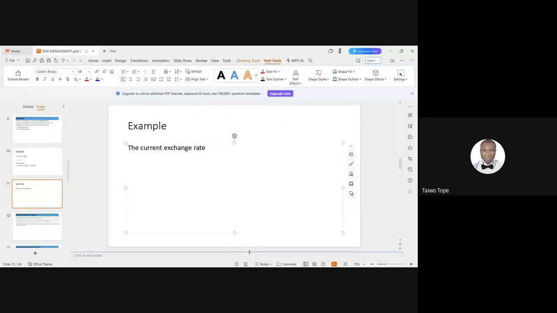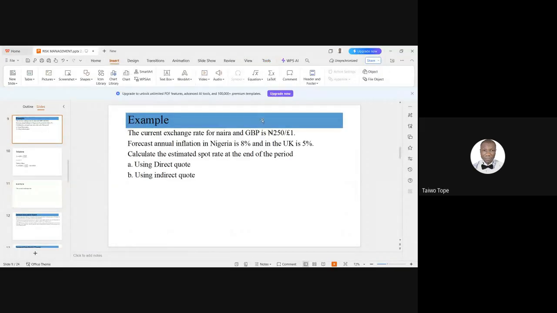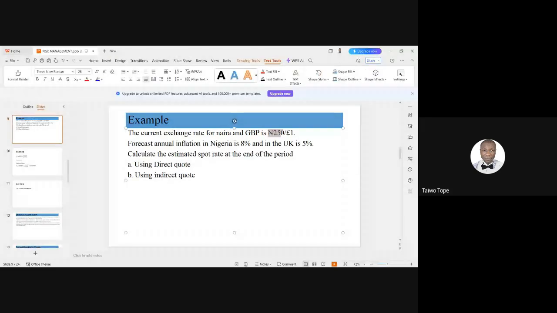Originally, 250. This is a direct quotation. Now, to get the indirect value of this, we said indirect quotation is the reverse of direct quotation, and the reverse of indirect quotation will give you direct quotation.